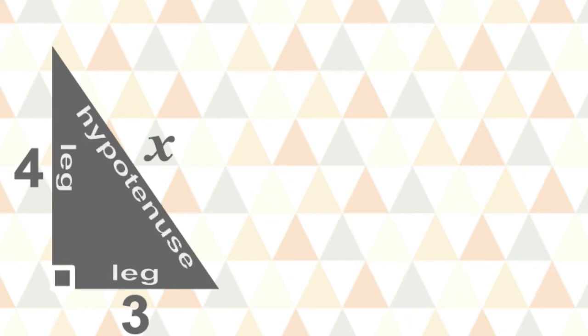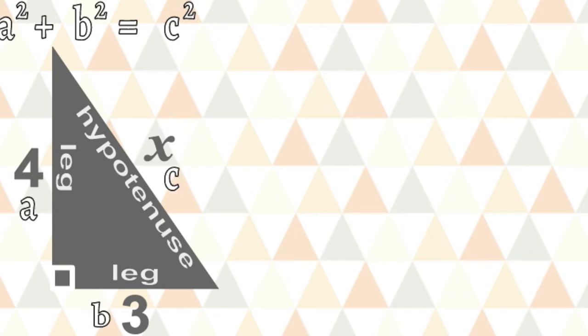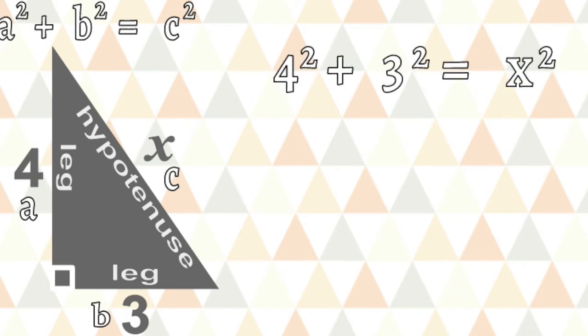And we know that the long side across from that right angle is the hypotenuse. So the formula a squared plus b squared equals c squared, we know that a and b are the legs, and c is the hypotenuse. So we can plug in 4 and 3 for a and b in that formula. And we're going to set it equal to x squared.